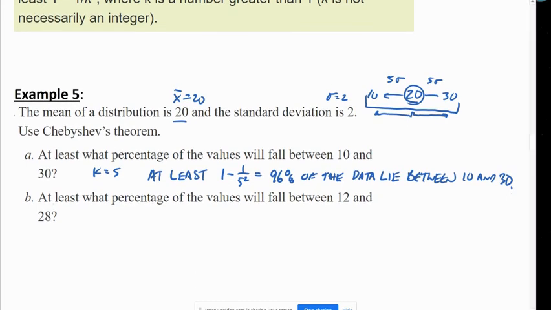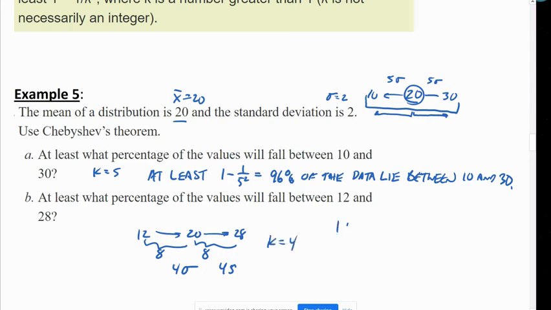So this time between 12 and 28. From 12 to the middle 20, and from 20 to 28, the distance in both directions is 8. So that is 4 sigmas, or 4 standard deviations, depending on whether it's a sample or a population. So 4s or 4 sigma, and so k equals 4.